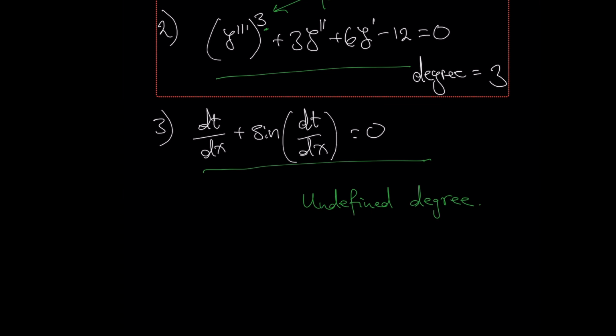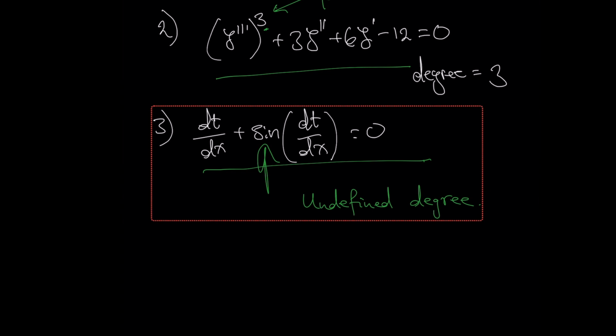So the definition itself says that the degree of a differential equation is the power of the highest order derivative, where the original equation is represented in the form of a polynomial equation. So whenever you see this sign, you have undefined degree.